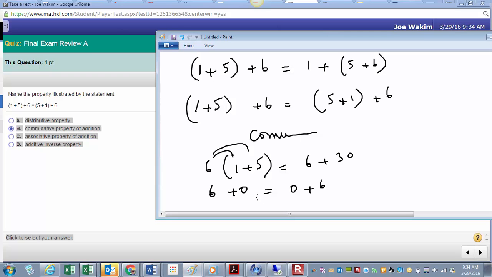That's called the identity element. And the additive inverse is 6 plus the opposite equals 0. So any number you add to its opposite, that's called the additive inverse property, 0. Okay? This is the identity element. When you add 0 to a number, you get the number itself. That's the identity element. Okay, let's go to the next one.